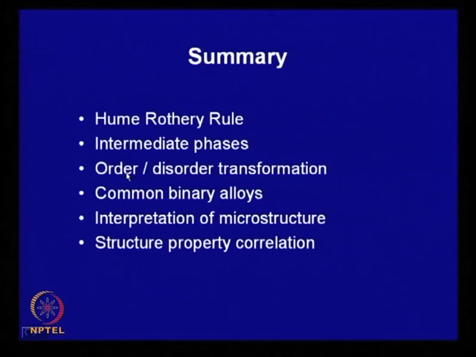We also talked about order disorder transformation, and looked at a few common commercial binary alloys. In some cases we looked at the interpretation of microstructure and structure property correlation.